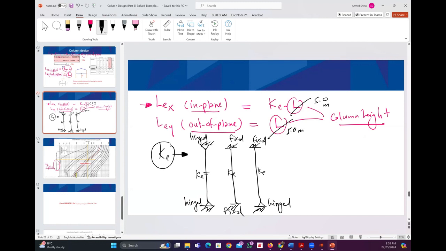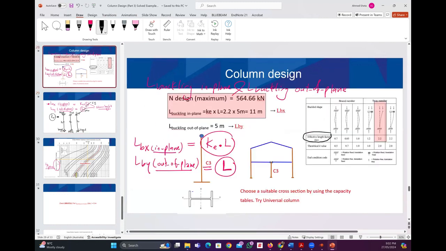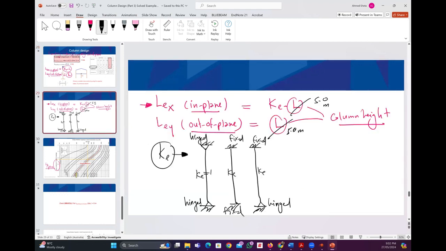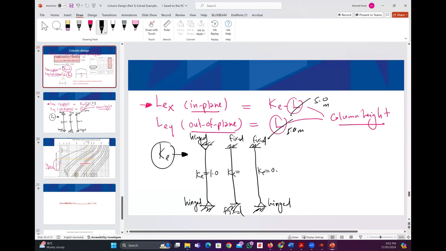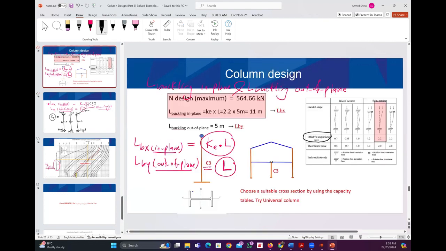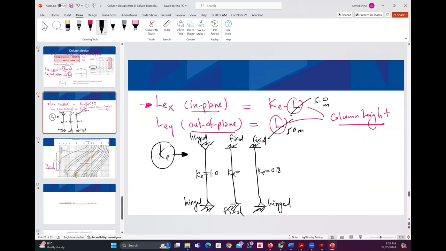For example, if you look at the table, here K is 1 for pin. Here K is 0.85, sorry, and here it is 0.7.